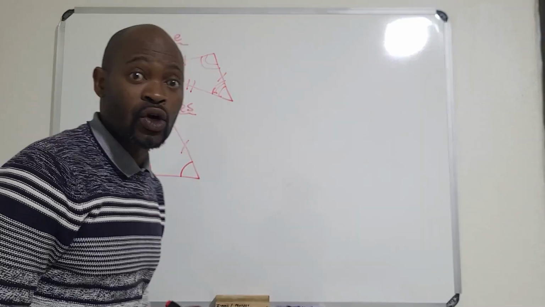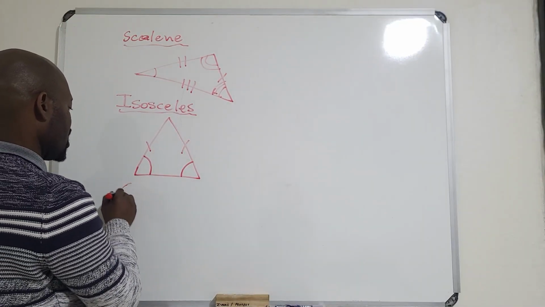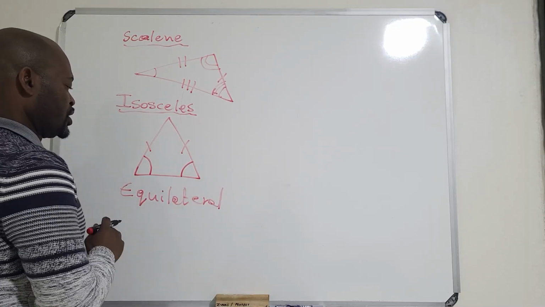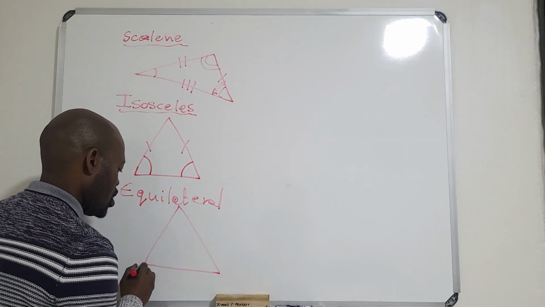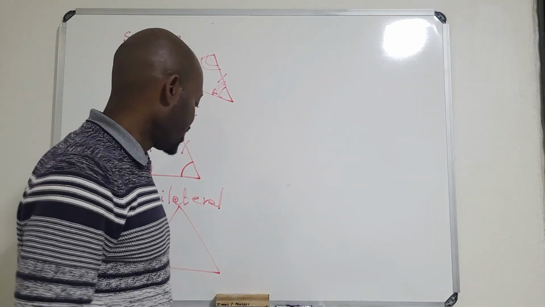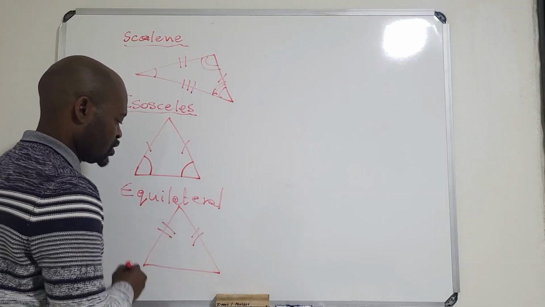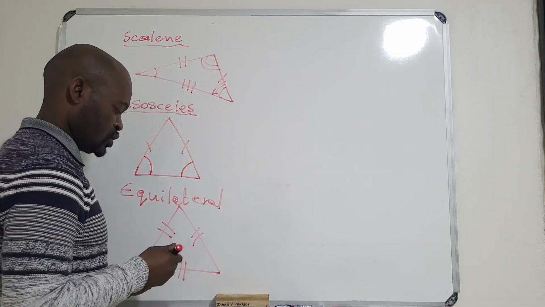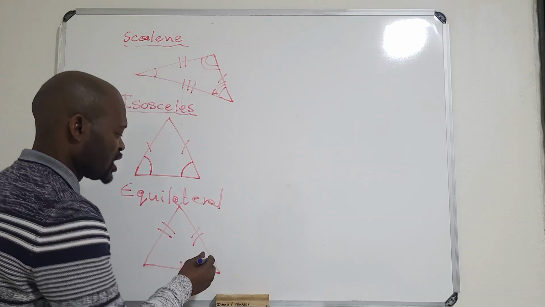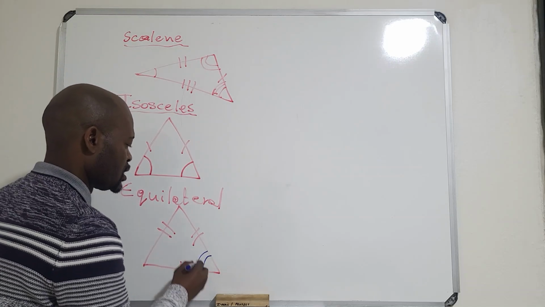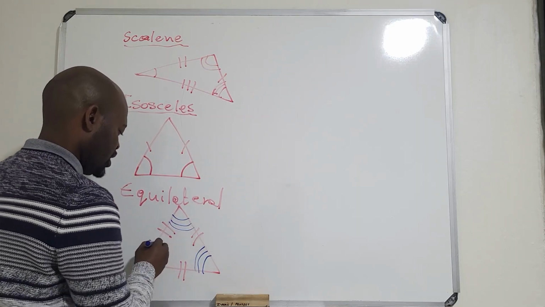Now, we are also going to go to the equilateral triangle. In an equilateral triangle, all sides are equal, where I can have this side equal to that side, which is equal to that side. So since sides are equal, it means that your angles will also be equal.